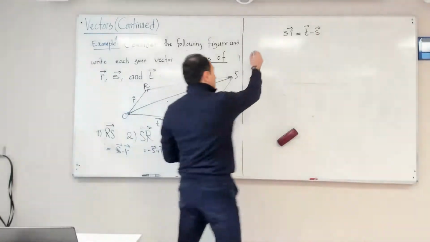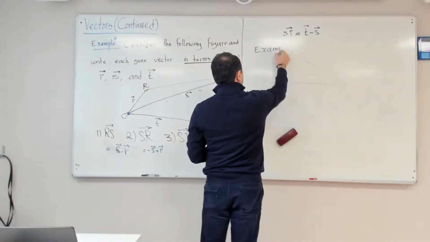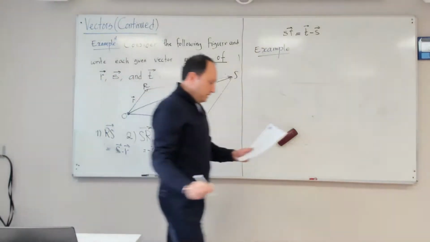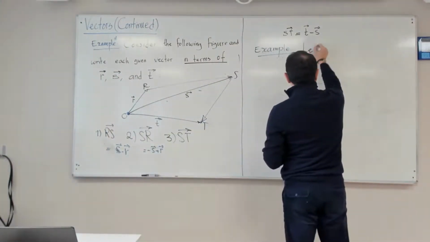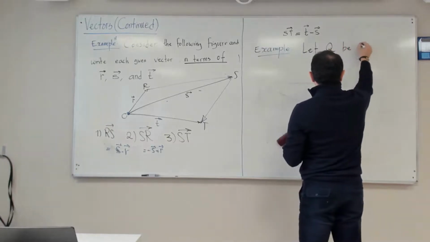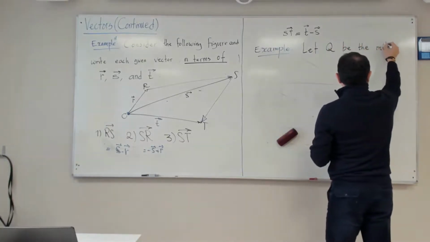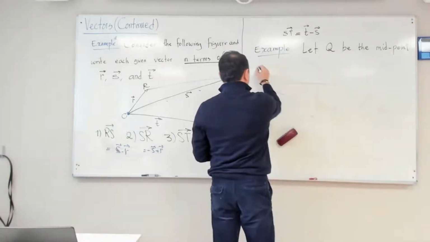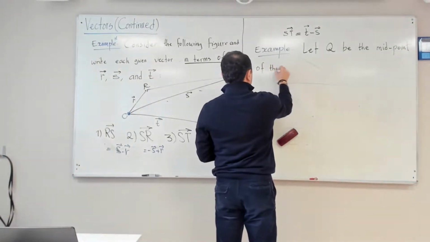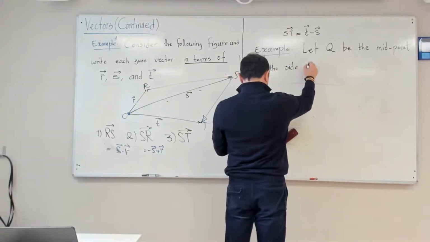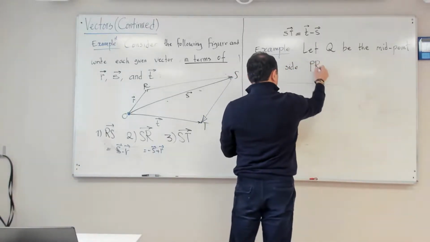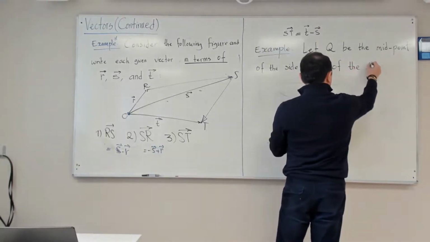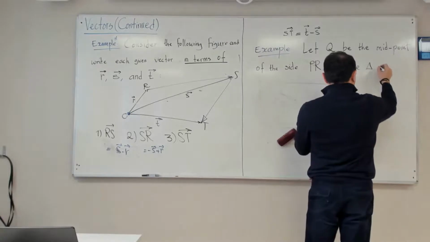So, example. Let Q be the midpoint of the side PR of the triangle ORP.